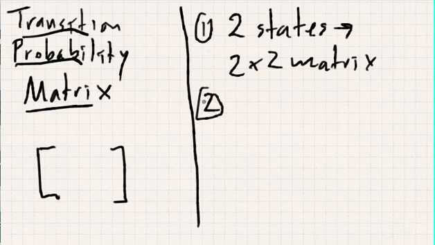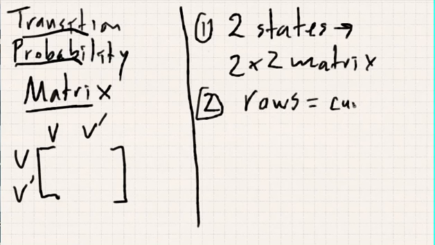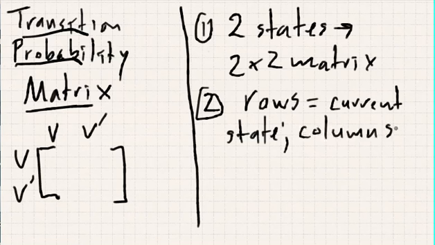Now, each column and row will represent one of the states. What do these represent? The rows will represent the current state, and the columns will represent the next state.